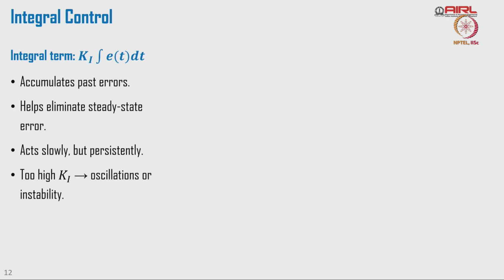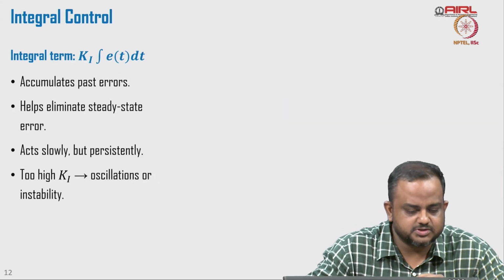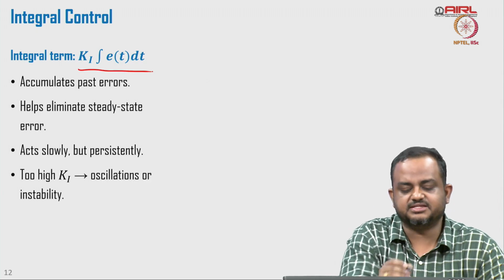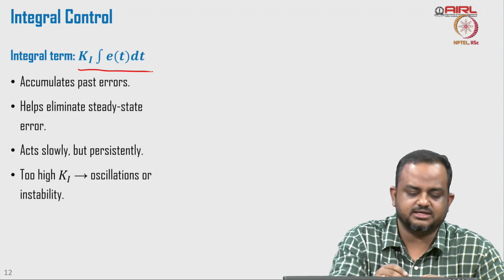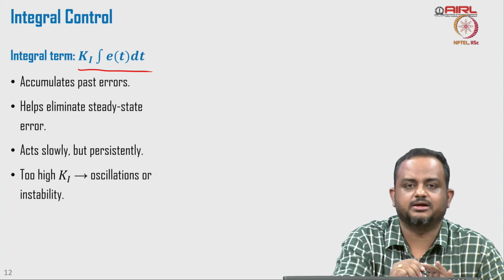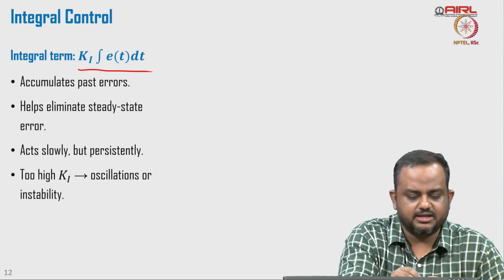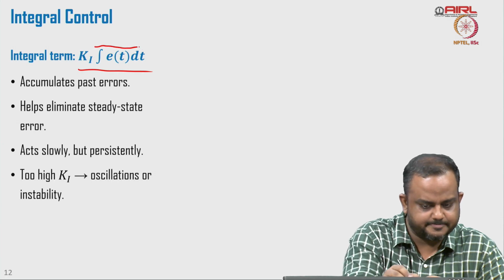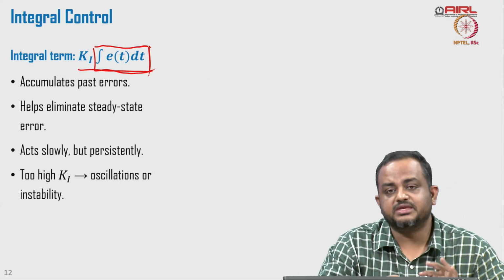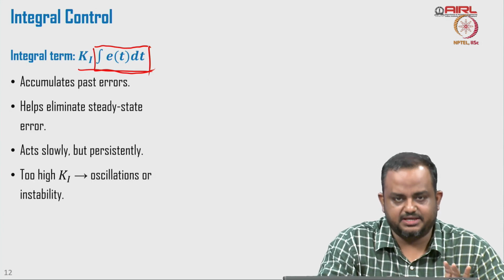Now, we come to the next term, that is called integral control. What is integral control? We have seen that its contribution to the system is that it multiplies the integral control gain with the integral value of the error. So, it accumulates past errors.